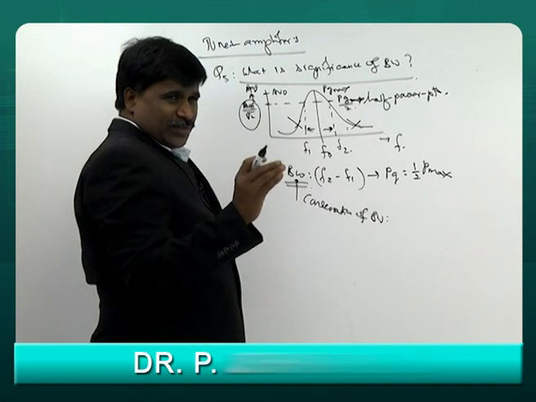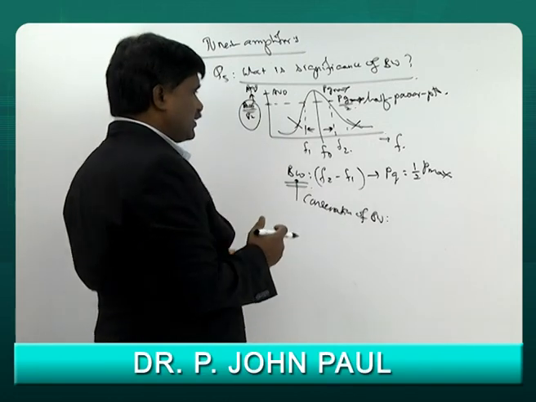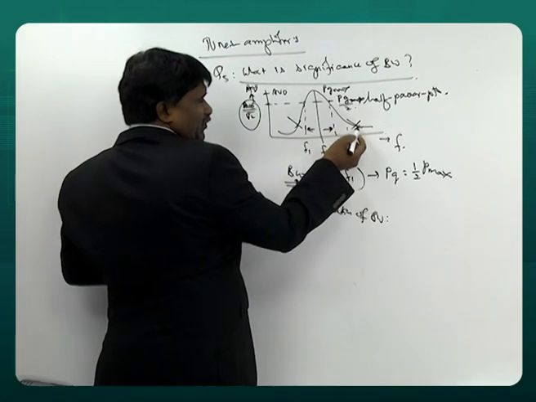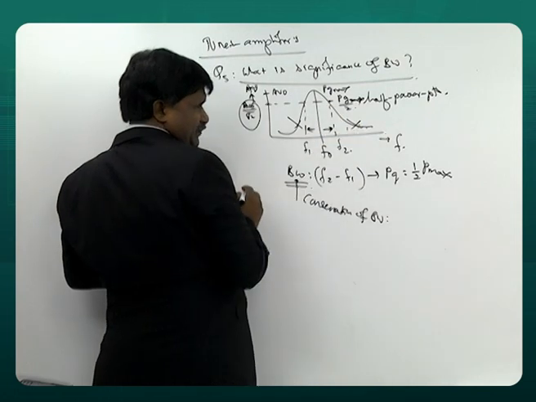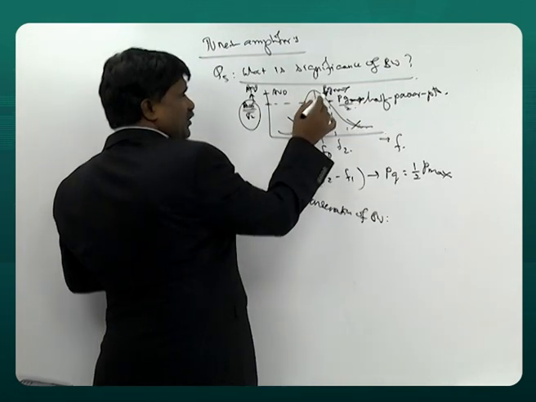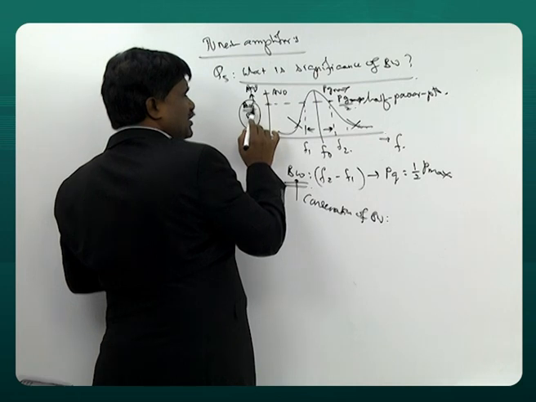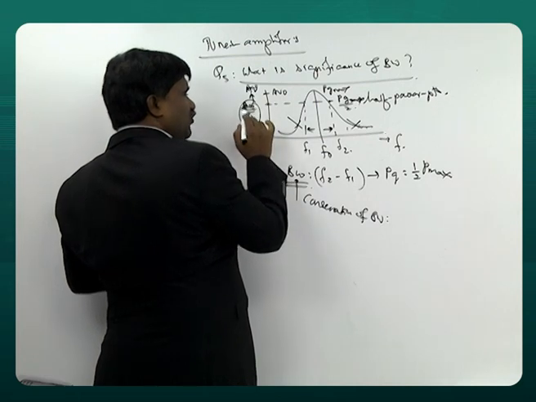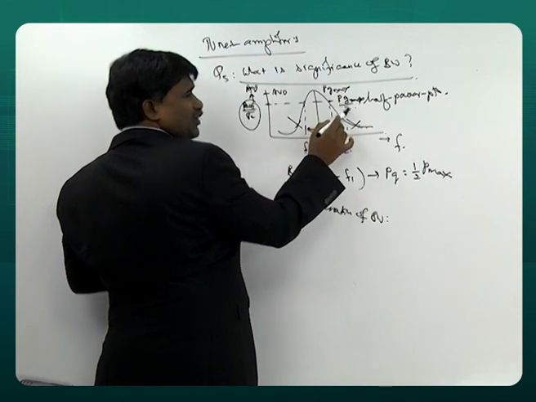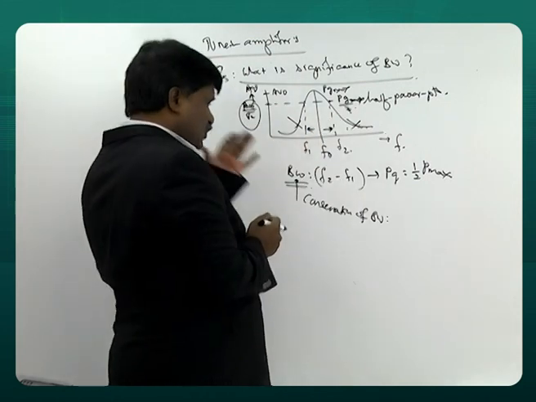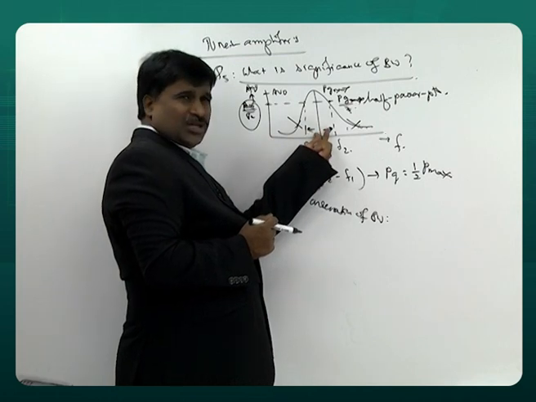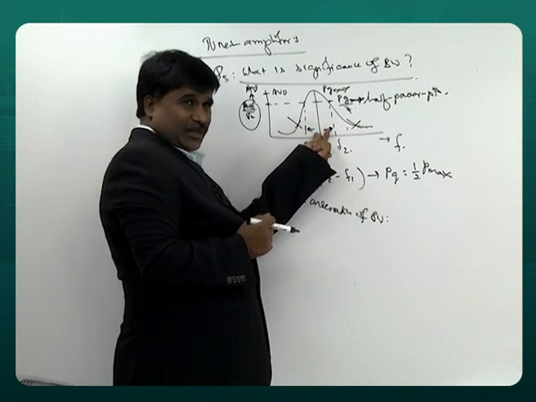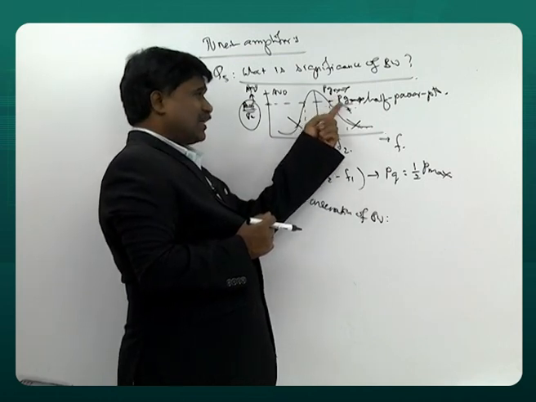Because we need to conserve the bandwidth and save the bandwidth, don't give bandwidth for less than half power. What is the link between this power and this voltage? When you take the square of voltage, power comes. That's why this is by root 2. Square of root 2 is half. So, bandwidth is the duration of frequencies in which power is greater than or equal to half of the maximum power.